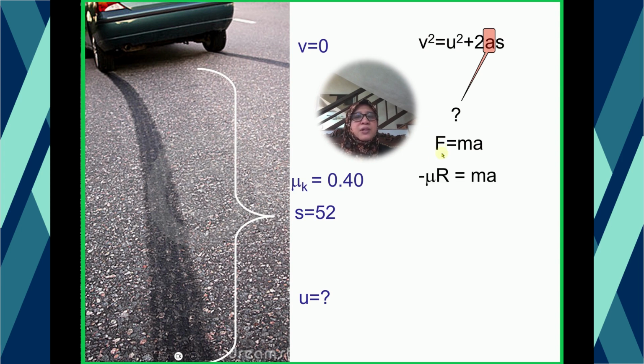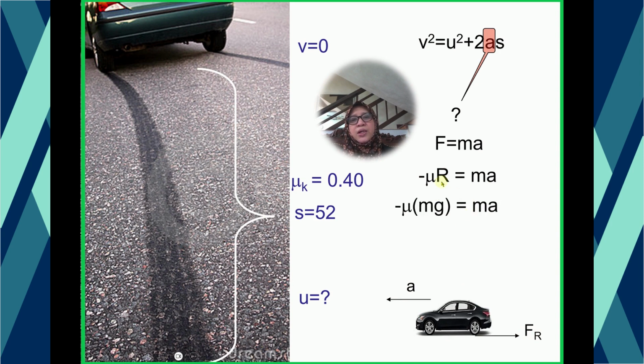So the resultant force is the frictional force, and it is opposite in direction, so minus mu R. In this diagram, the motion is forward and the frictional force is backward, so that's why it is negative. From the side view, the motion is to the left and the frictional force is opposite. So that's why minus mu R.